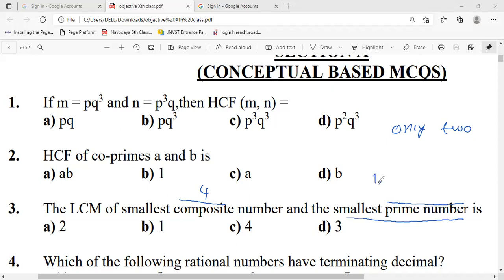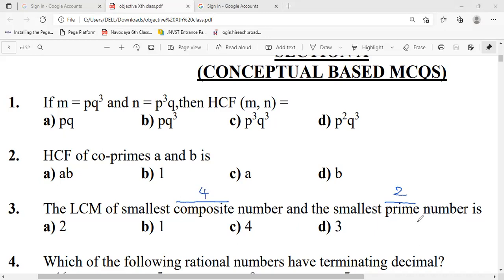If you take one, it doesn't have two factors, only itself, so we are not taking one as a prime number. So the smallest prime number is 2 because 1 and 2 are its only two factors. The smallest prime number is 2, and the smallest composite number is 4.